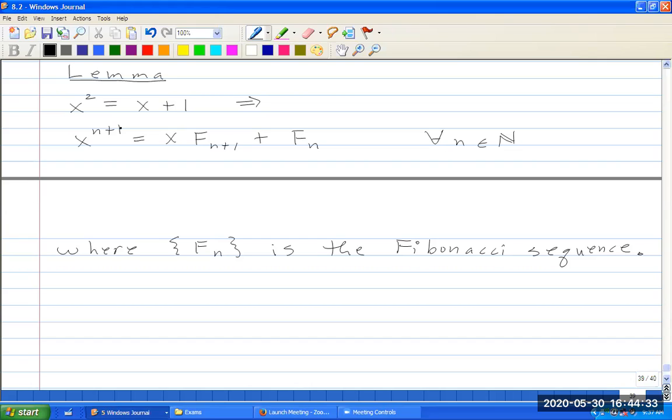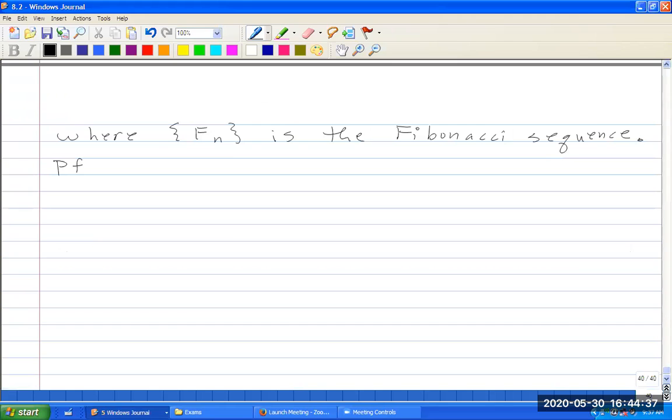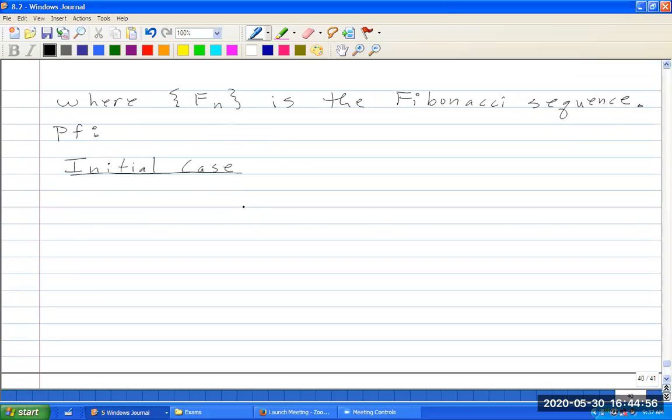So let's prove that. And let's prove this using induction. So let's first look at the initial case. Let's show that this is true when n is equal to 1.